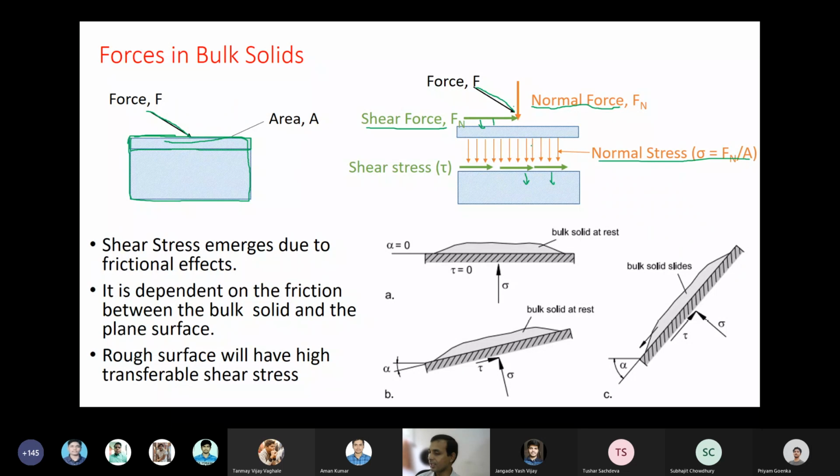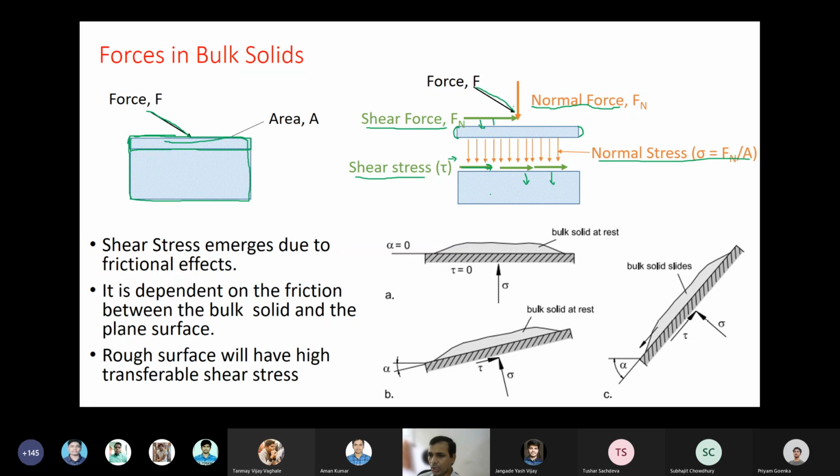Normal stress acts in the vertical direction. Shear stress acts in the horizontal direction. Similarly, shear stress is the shear force per the area. If you take this small slice, the shear stress will be the shear force per this area, which is basically the perimeter times the height.